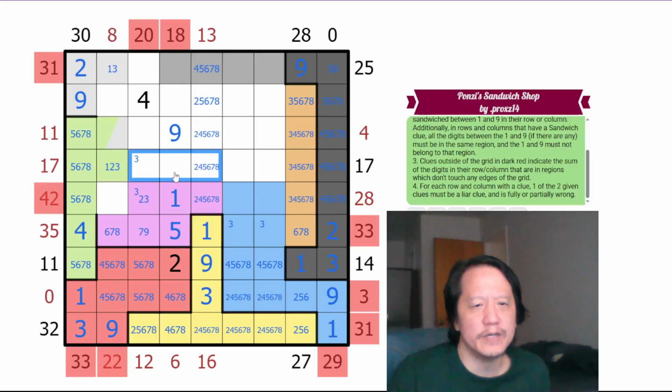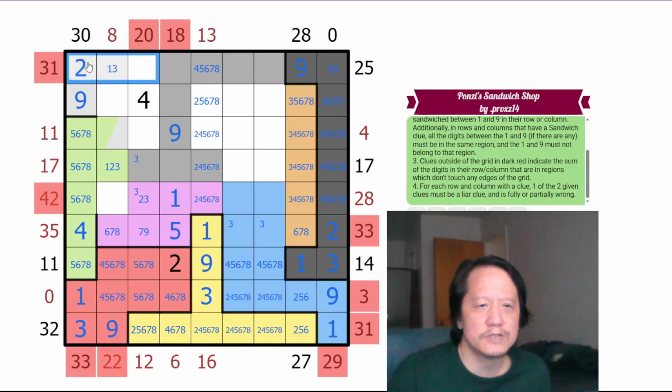What about medium? The problem with medium is you have to orthogonally connect. I guess it could orthogonally connect to the 9 that way. 1, 2, 3, 4. This is going to be too small for light, though. What happens if we do 3 here? 1, 2, 3, 4, 5, 6, 7, 8, 9.